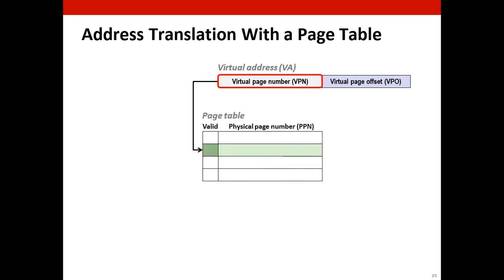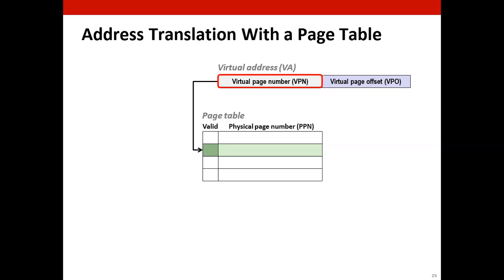The virtual page offset has a similar use as in regular caches, where we have a block offset. Here, the virtual page offset is the offset within a page. So we don't need those bits for now. We only need the virtual page number, the higher order bits, to index into the page table.